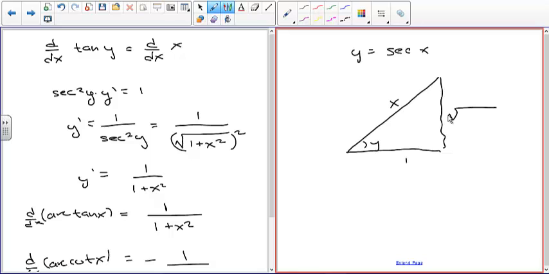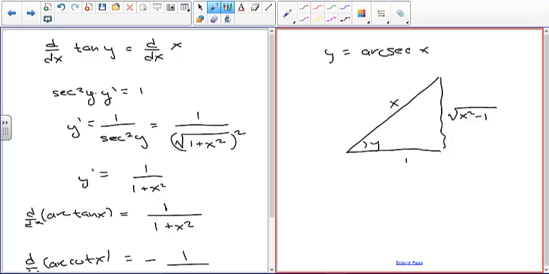So the other side is going to be the square root of x squared minus 1. So that's how you set up the triangle for secant. And again, I forgot to put the arc in there. Sorry. So we got 4 out of 6. We're going to do the arcsecant, not the arccosecant.